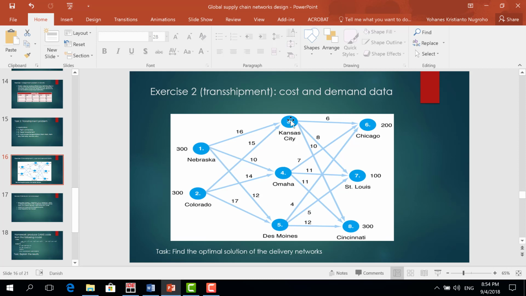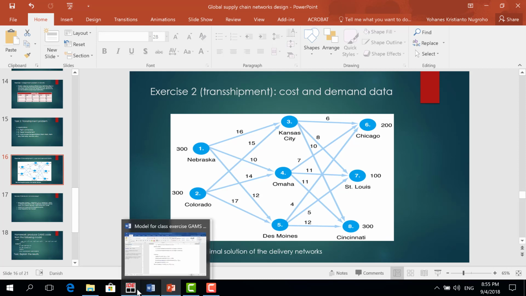So we have only this path to this 3. So we can delete Omaha and this one because it's infeasible to deliver products from Nebraska to Chicago to Omaha, or even to St. Louis from Omaha, and Cincinnati from Omaha. And same case for these ones.